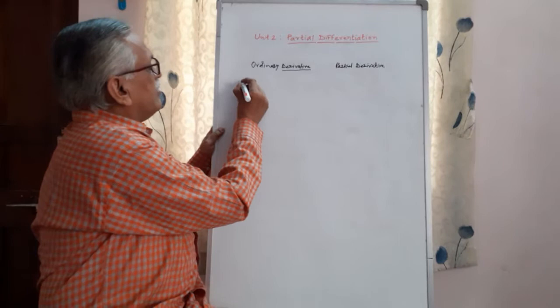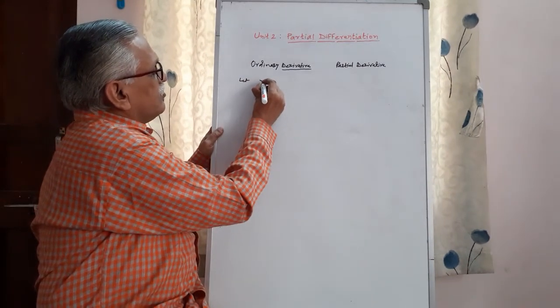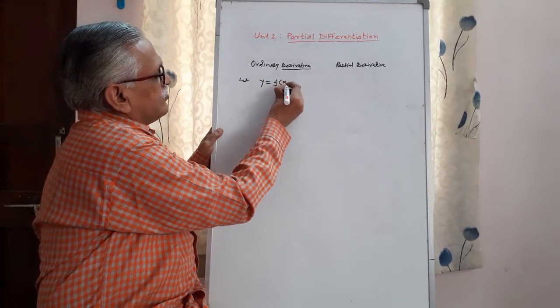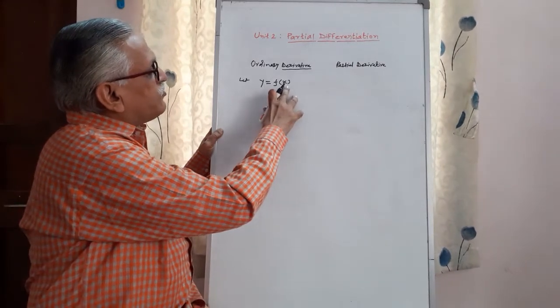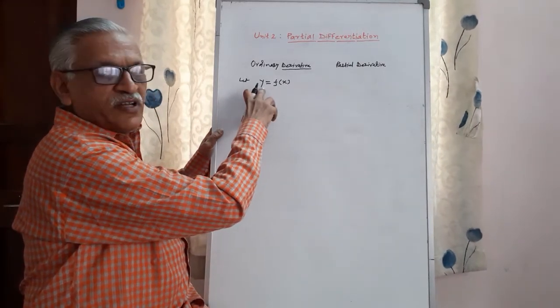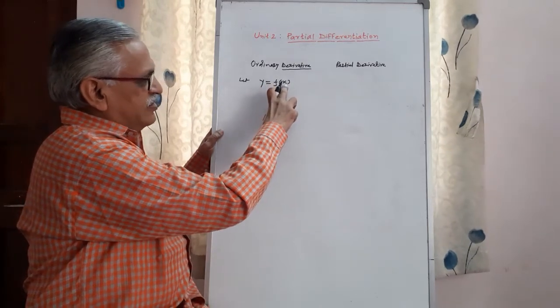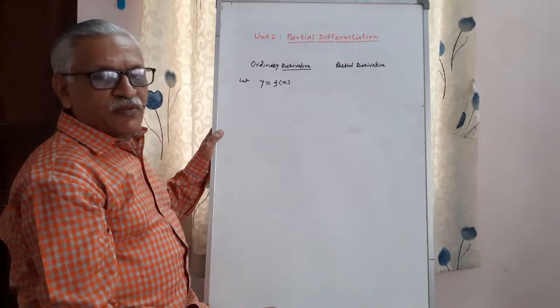For that, let us consider y as function of x. Here we have two types of variable. Y is known as the dependent variable which depends on x. That's why x is called as independent variable.